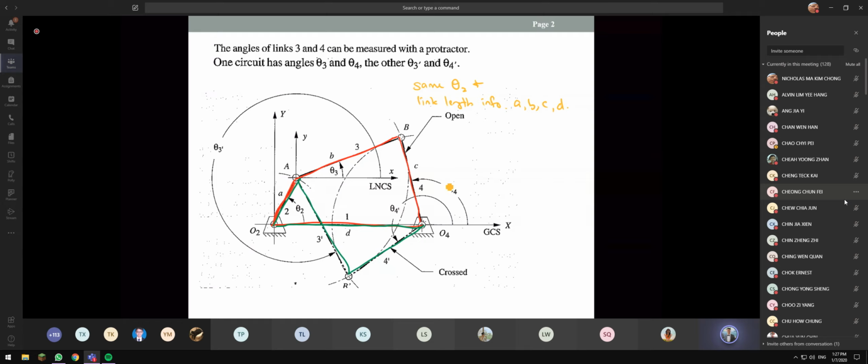That's why if you measure the angles, for example theta 4 here, we have two different angles. That is where we get the plus minus in the function.